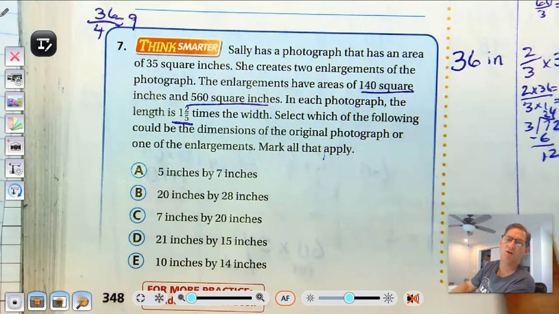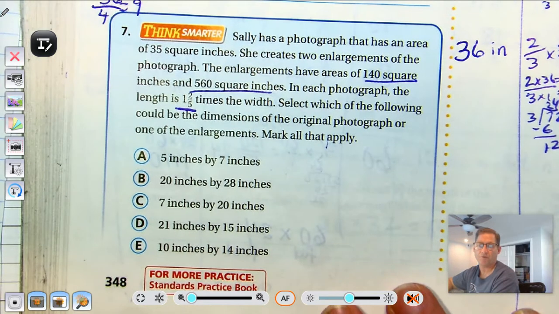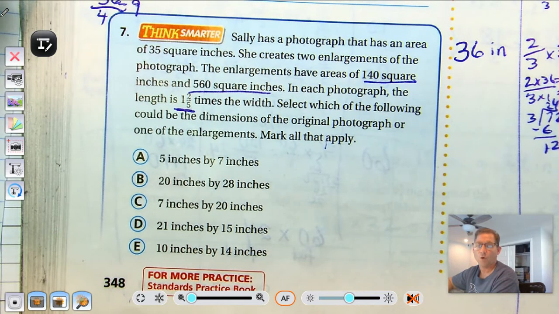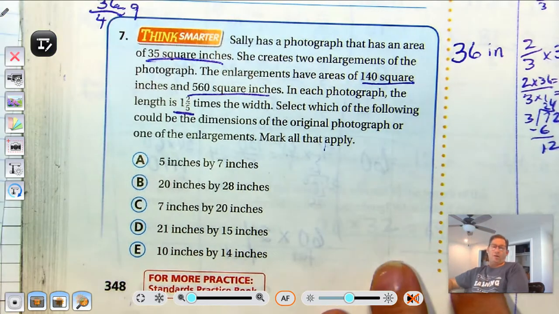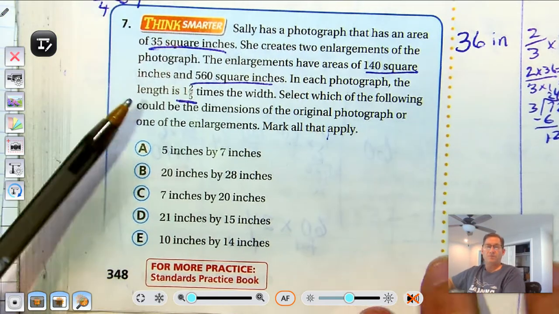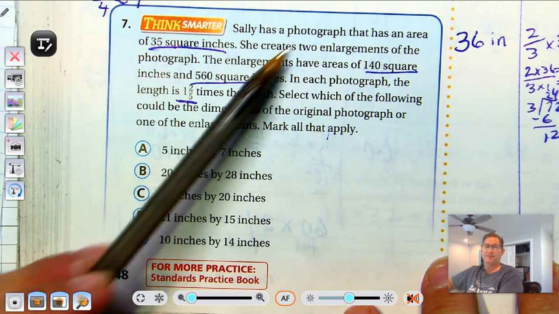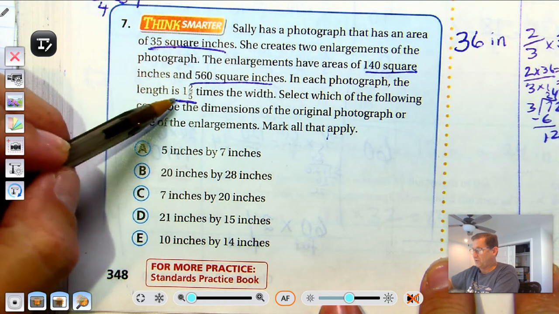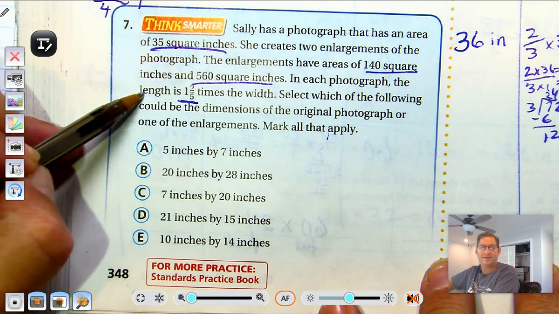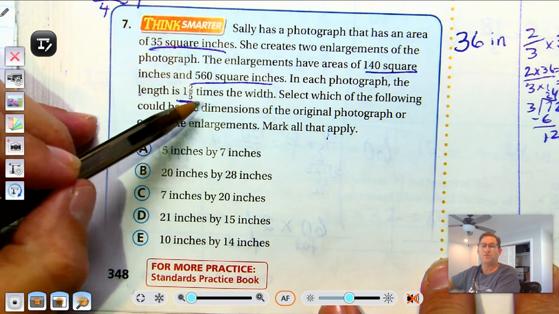Select which of the following could be the dimensions of the original photograph, or one of the enlargements. Mark all that apply. All right, so we know that our 2 numbers multiplied together have to give us one of those square inches for answers. But then I do have to make sure that the length is 1 2/5 times the width.